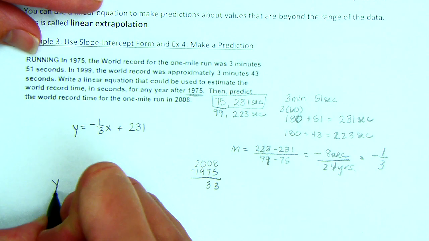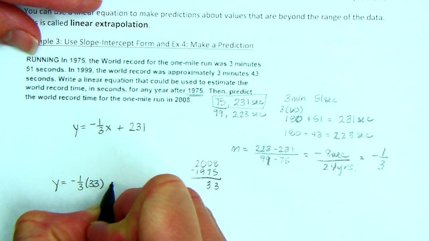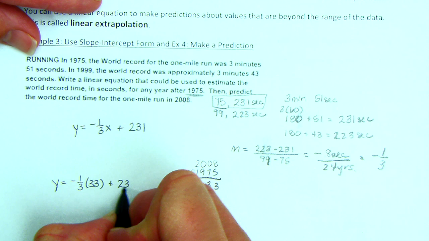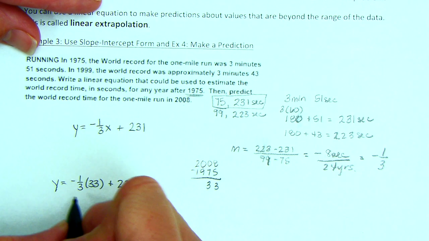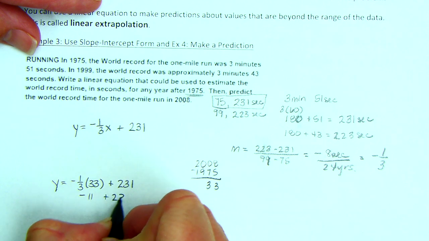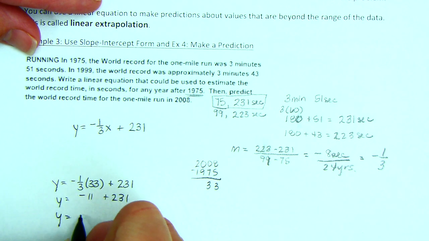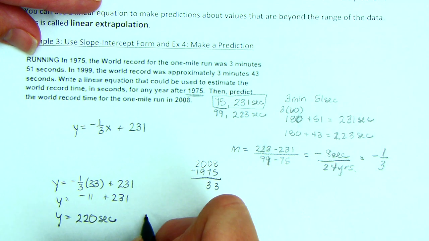So we're going to predict negative 1/3 times 33 plus 231, because that's where they started in 1975. And so we get negative 11 plus 231, which means it will be exactly 220 seconds, okay, which if you're changing back to minutes is 3 minutes.